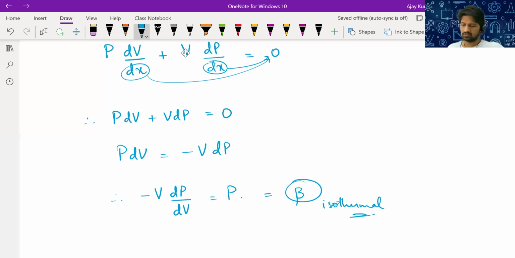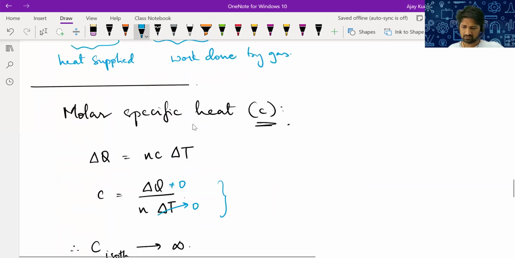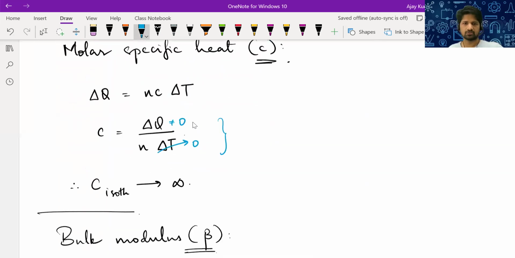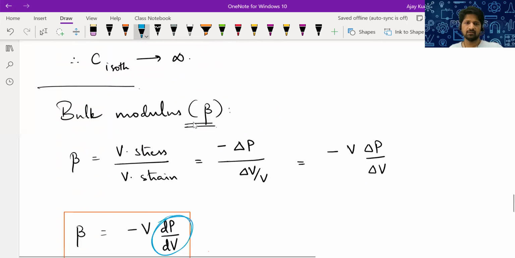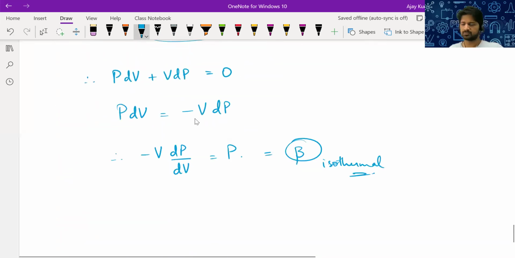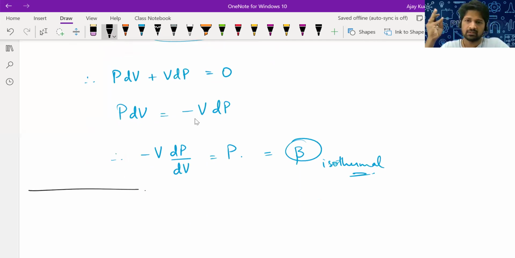Okay. So we have discussed how to calculate molar specific heat. For isothermal process, it will be tending to infinity. And we have discussed how to express the bulk modulus as well. Right. So drawing graphs, then knowing how to calculate delta Q, delta U, delta W, and then knowing how to calculate molar specific heat and bulk modulus.